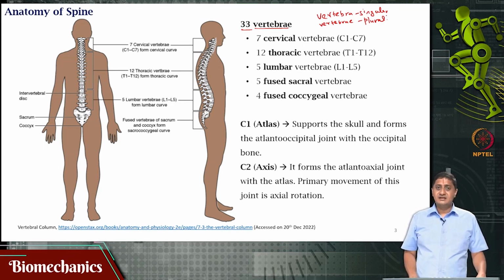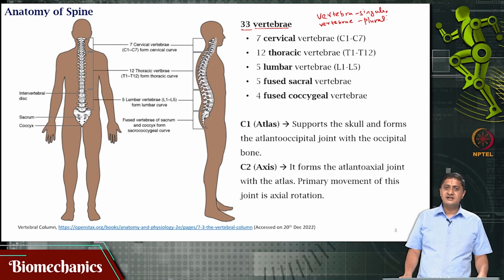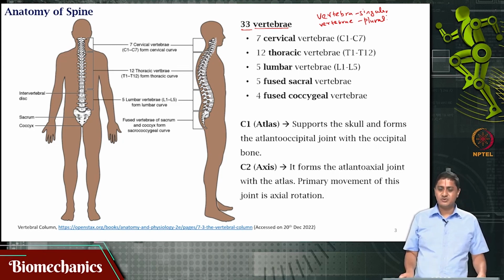Because of this reason, the head is held at the top. Not just that, in humans, proportional to the body weight, the head is very heavy when compared with other animals. This is true because humans have a very big brain, right? Because of this reason, the head is very heavy.